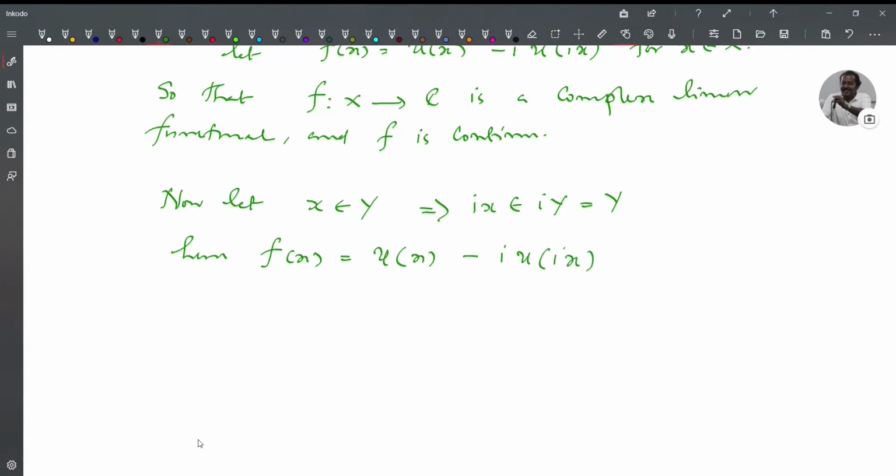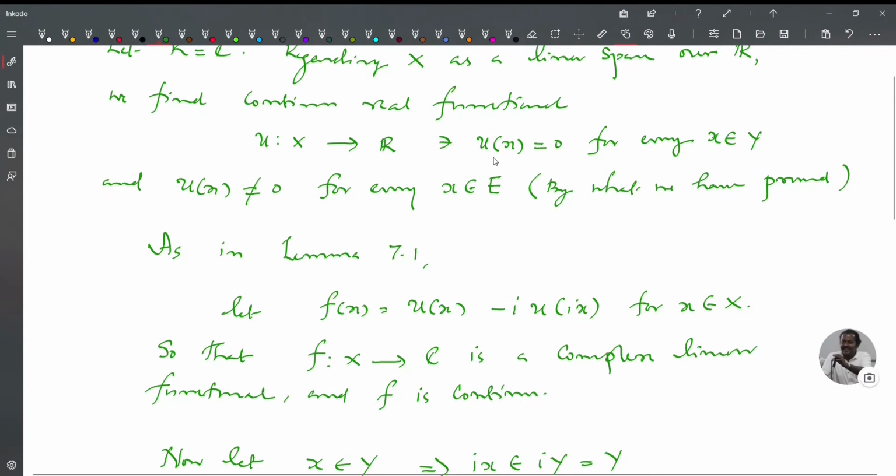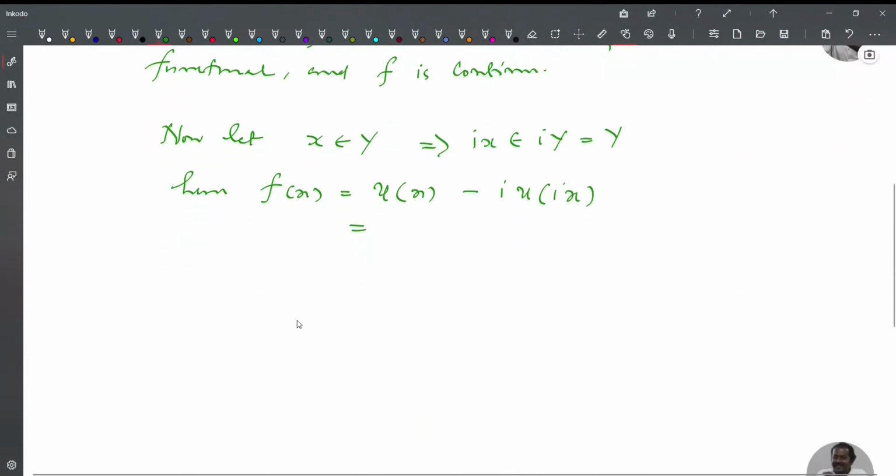Since x belongs to Y and ix belongs to Y, u of x is equal to 0 and u of ix is equal to 0. Thus, this is equal to 0 minus i into 0. So this is equal to 0.